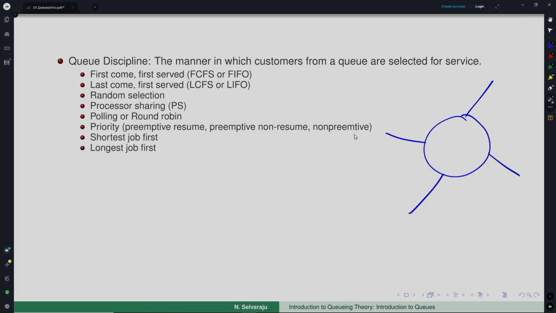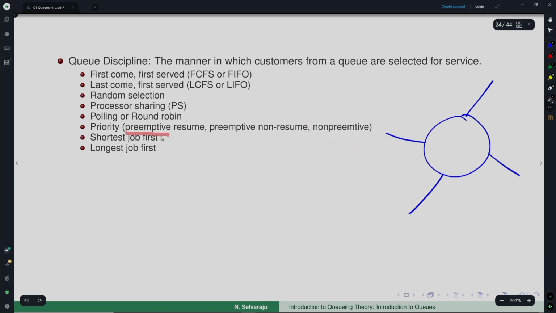Suppose this lower priority customer's service is interrupted to start the service for the higher priority customer; that is the scenario we call preemptive. And if that does not happen, and the higher priority customer waits till the lower priority customer currently undergoing service completes his service, then that system is called non-preemptive.